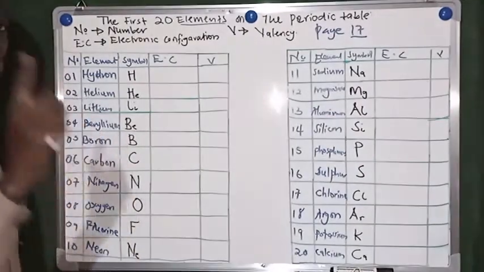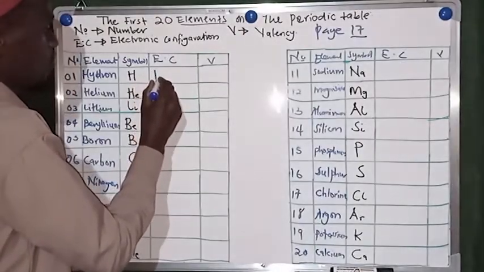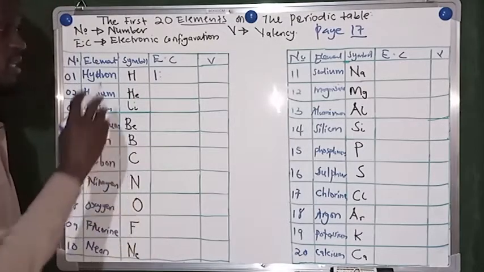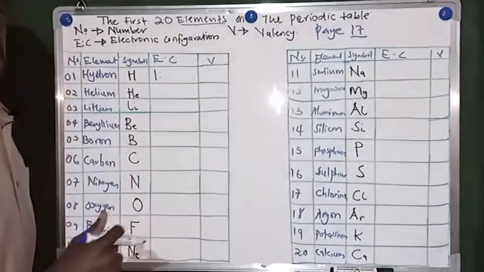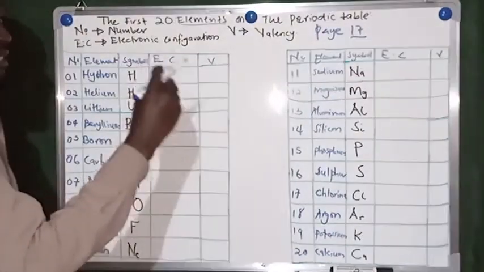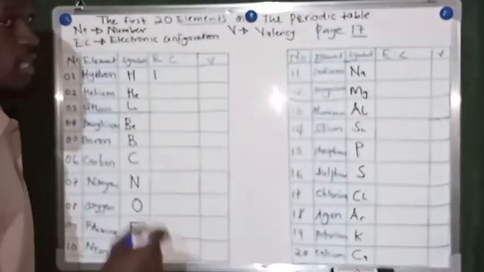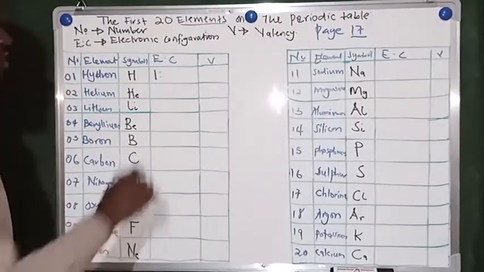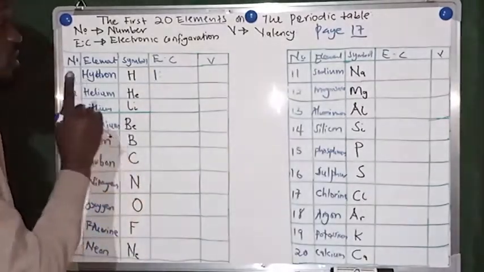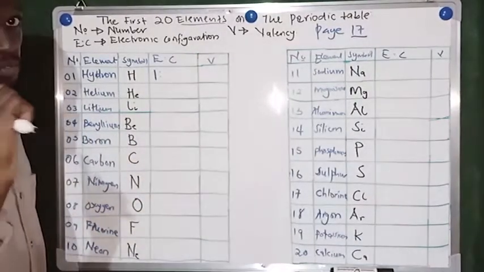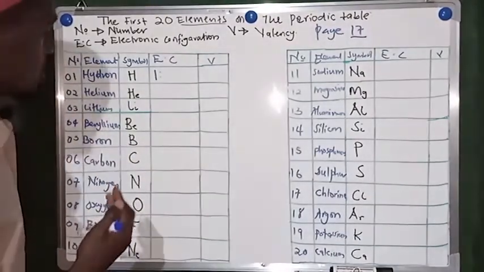So hydrogen is having only 1 electron. So we write 1, then you put those dots, meaning that there are other shells. So the dots represent another shell added on there. The first shell of hydrogen is having 1 electron, as we are going to see in the next episodes.